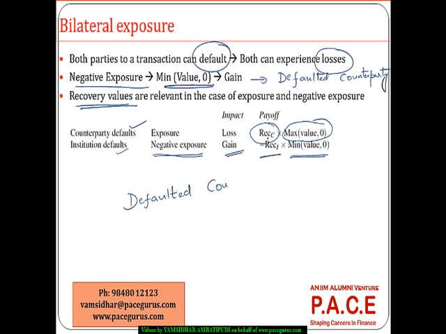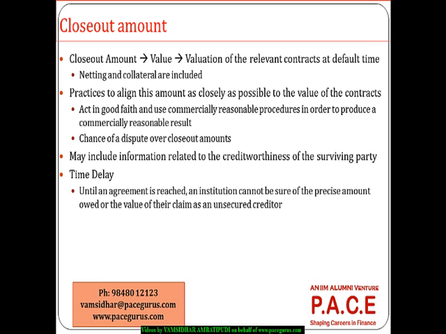That's the reason recovery values are very important in case of multiplying them with the exposure and the negative exposure, traditionally to compute the gain or the loss. Now, closing out. Yes, close out all transactions with the counterparty. The counterparty has defaulted, close out all the transactions. But what should be that settlement amount?